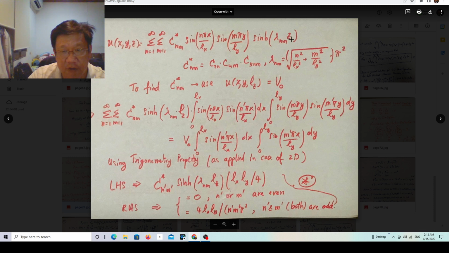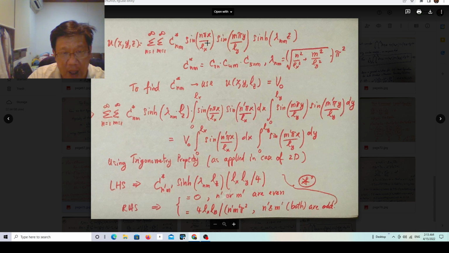So if you substitute L sub c into the c function, this one is lambda n m L sub c. The left hand side becomes v0, and we are going to use a similar analysis as before, but we multiply on both sides with sine. This one you have sine with n pi inside, and for m we have m pi.